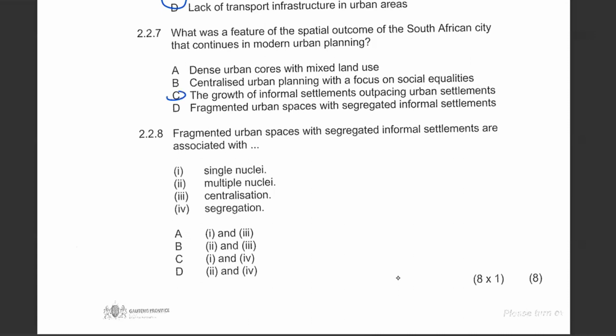Fragmented urban spaces with segregated informal settlements are associated with, is it multiple nuclei or single nuclei, with centralization or segregation? Basically, if it's fragmented, it has multiple nuclei, and if it's having segregated informal settlements, there's segregation there. So it's item 2 and item 4, which is D.